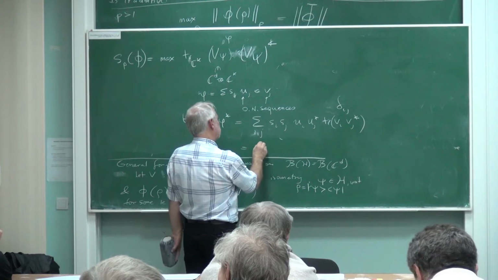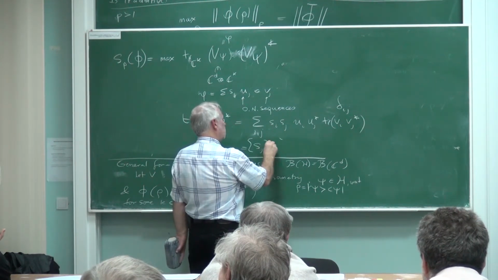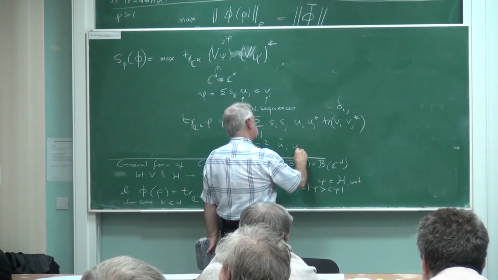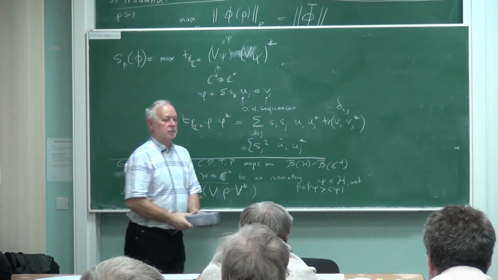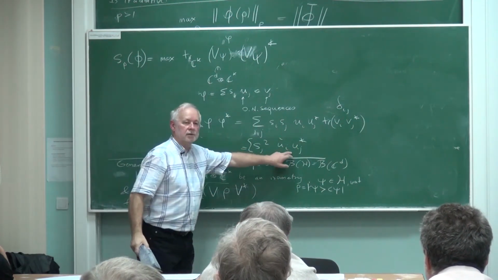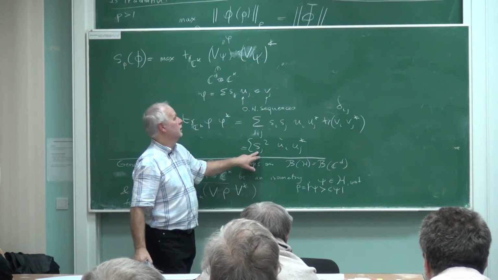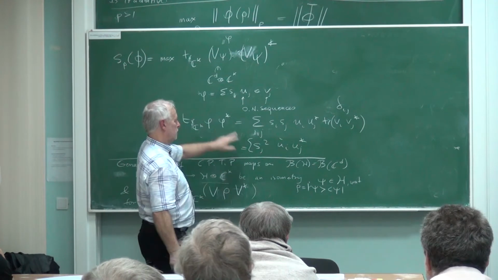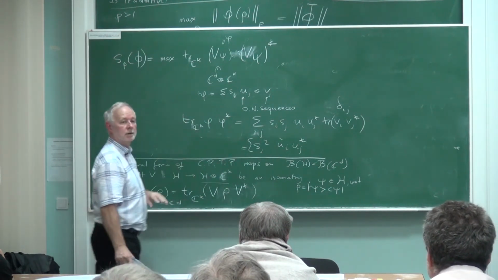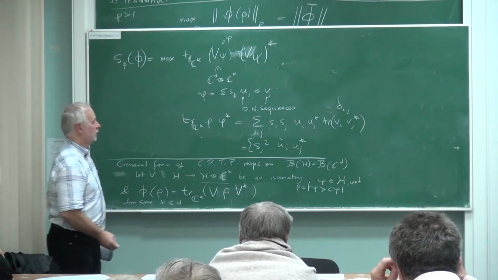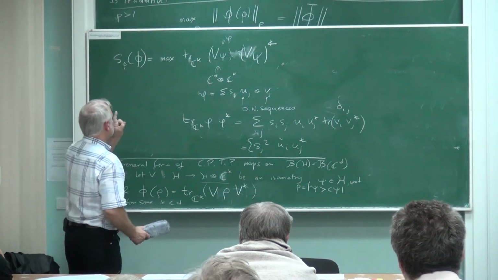So what I get here really is the sum of s_j squared u_j u_j star. So what I'm getting is a diagonal matrix in the basis u_j with those eigenvalues. And this was a unit vector, so those things add up to 1, which is what it should have been. Okay?